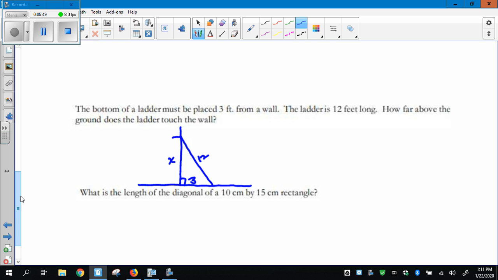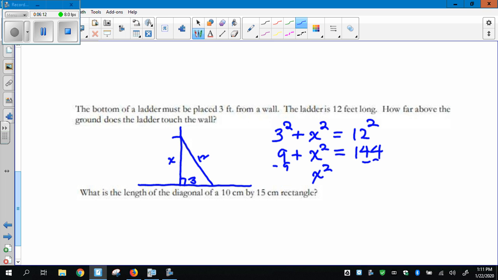So I'm going to do my a squared plus b squared equals c squared. 3 and x are my a and b sides, the two shorter sides. That is equal to 12 squared. And 3 squared is 9. 12 squared is 144. I'm going to take away 9 from both sides, and I get x squared equals 135.